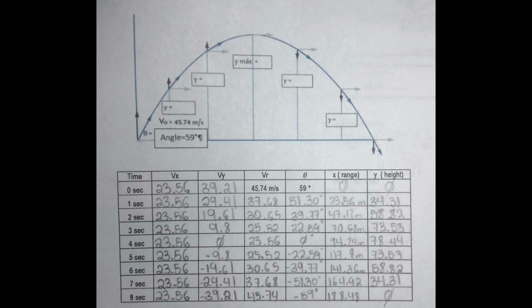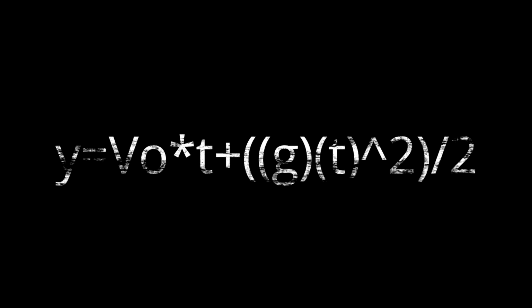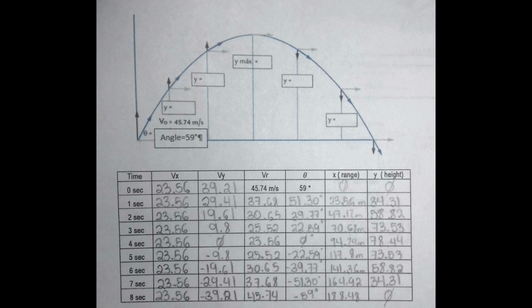Now, to obtain the height, or the value of y per second, we're going to use the following formula: y is equal to initial velocity in y times time plus the gravity times the time squared over 2. We substitute the values.